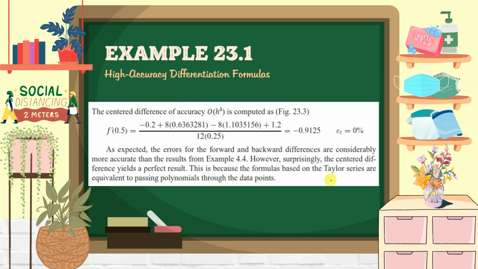Continuation of the solution. The centered difference of accuracy is computed based on Figure 23.3, wherein the first derivative of the function at x sub i equals negative f of x sub i plus 2, plus 8 f of x sub i plus 1, minus 8 f of x sub i minus 1, plus f of x sub i minus 2, all over 12h.